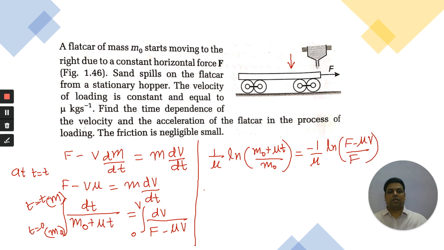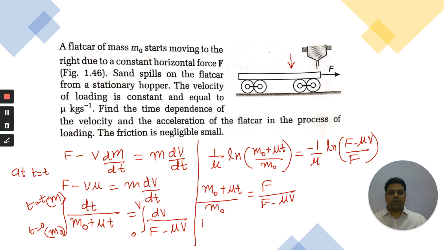On both sides, I can eliminate mu, and I can rearrange things. I would get m naught plus mu t by m naught equal to F by F minus mu v. So we want to find v.